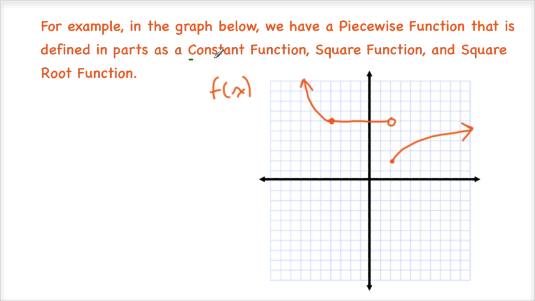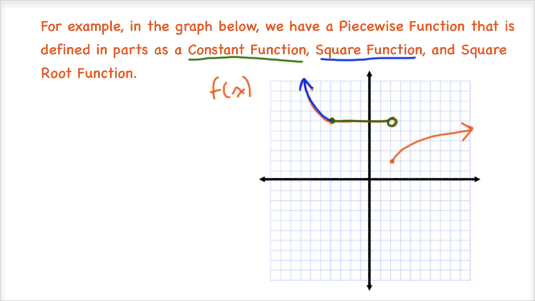So first of all, which part is the constant function? Well, a constant function is a horizontal line, so it looks like from here to here would identify our constant. Then let's look for a square function. Remember, a square function is a parabola. And it looks like I have part of a parabola from here to here. Okay, so it doesn't include the whole parabola, but part of it.